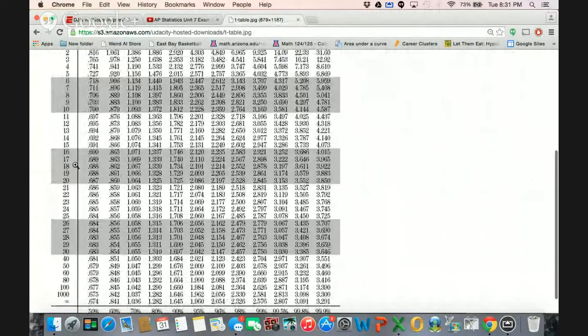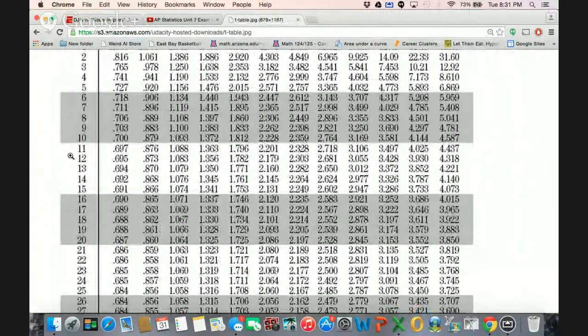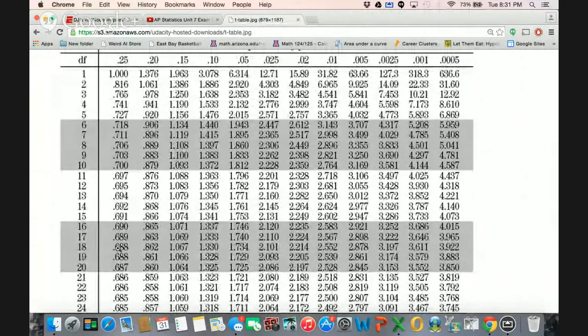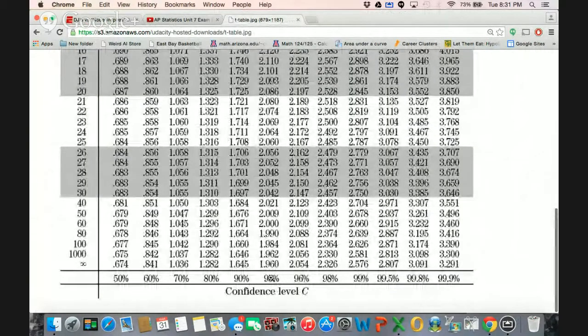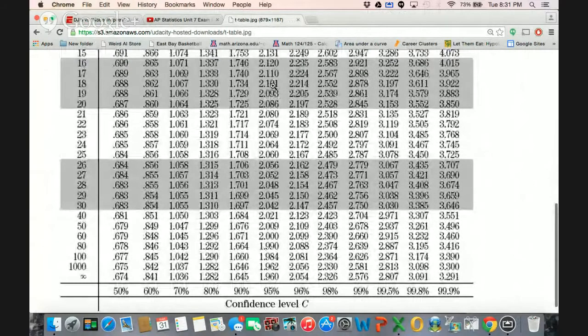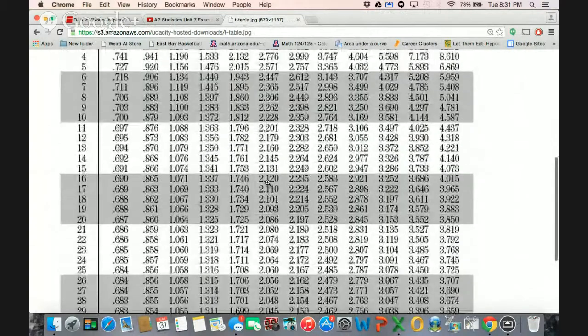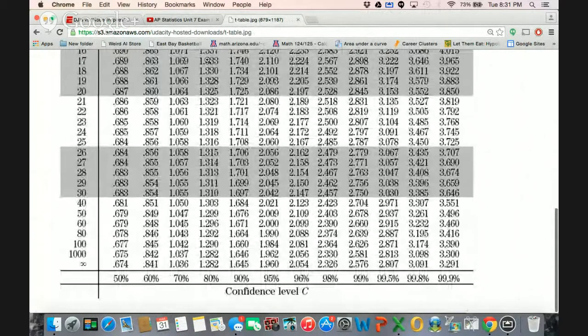So we have 18 degrees of freedom and 95% confidence. I go all the way down here to 95% confidence, and up to 18 degrees of freedom. It looks like I have 2.101. So again, 95% confidence, 18 degrees of freedom, 2.101.